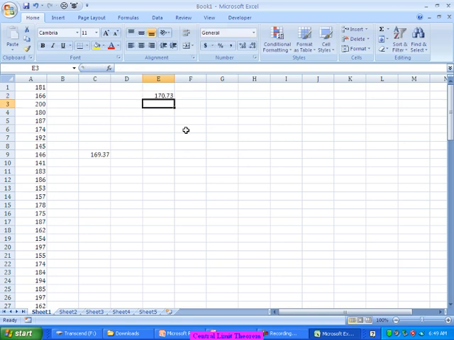Then another random sample came out, and for that sample the average came out as 169.37. Another 169.21, then 171.08. Like that I am getting various averages. So you are randomly selecting some 100 people and measuring their average height.